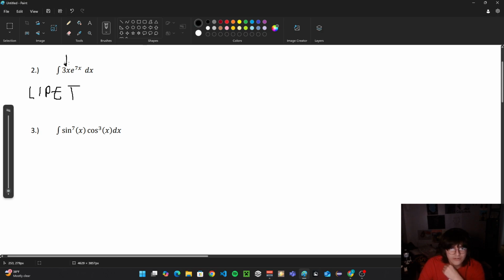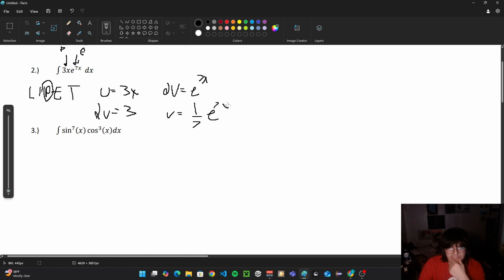Here we have a polynomial, which stands for the P, and then here we have an exponential, which stands for the E. So in LIPET, P comes first, so our u is going to be 3x, our du is going to be 3, and then our dv is what is left, which is e to the power of 7x, and then our v is the antiderivative, so you have to multiply by 1 over 7. So our v is 1 over 7 times e to the power of 7x.